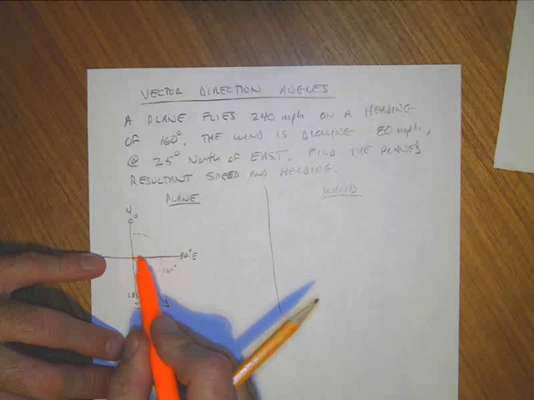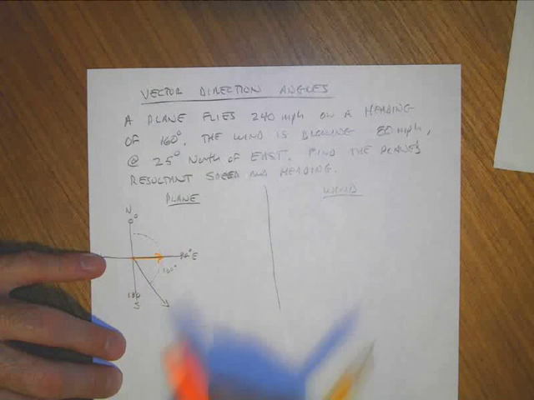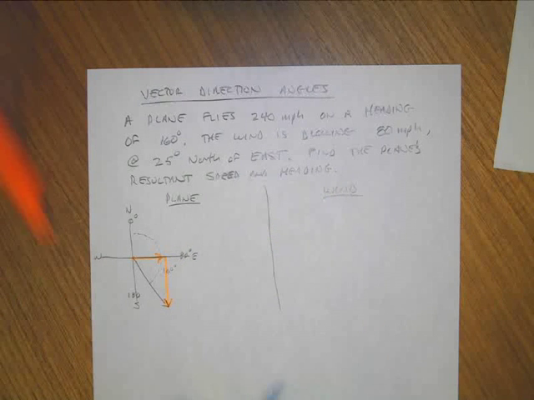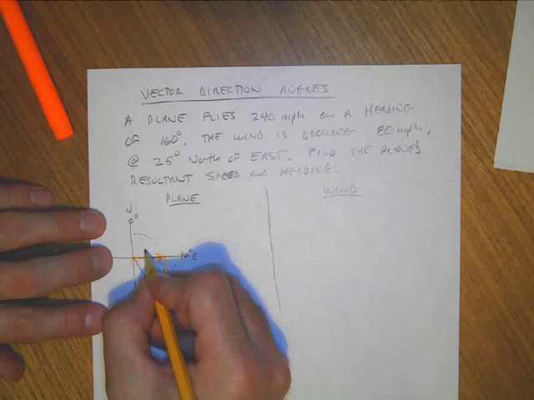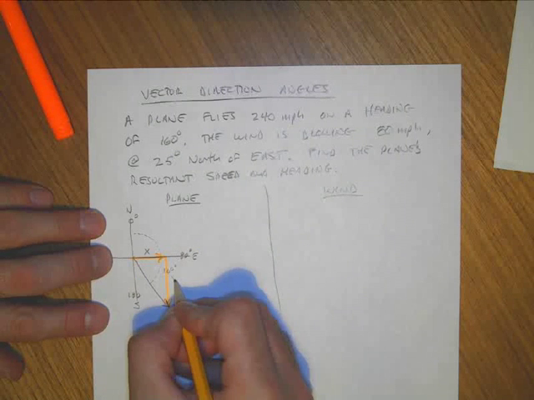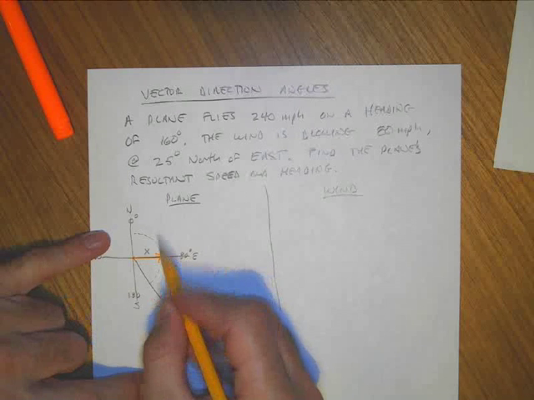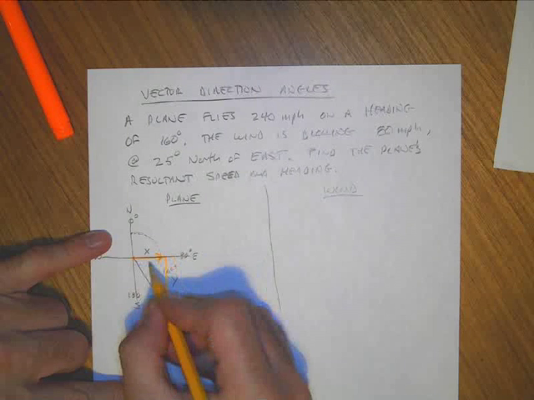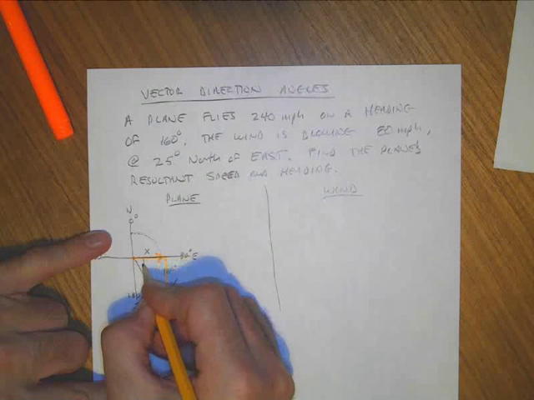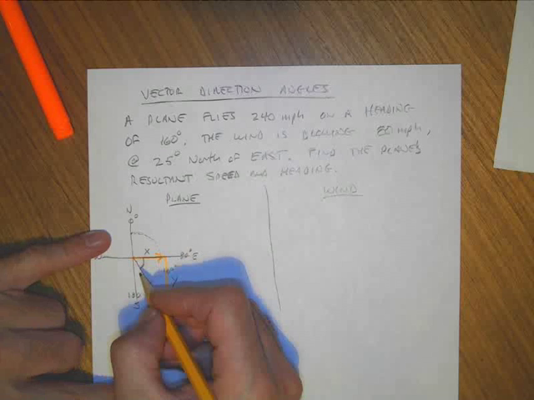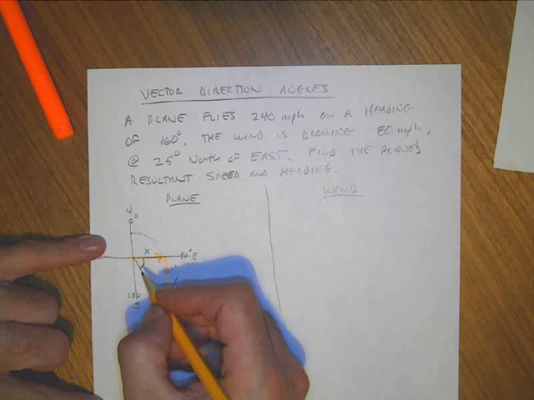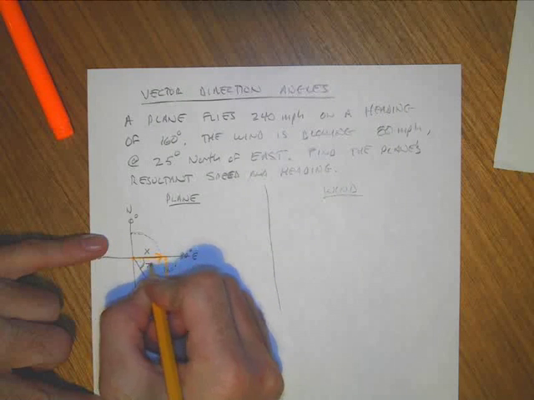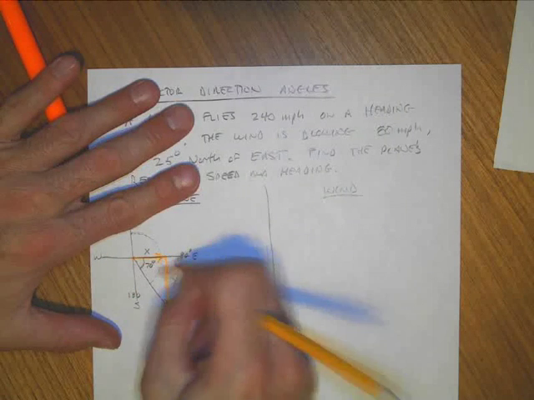We are going to go in the x direction some amount and the y direction some amount. So let's call this the x component and the y component. And if from north to the vector is 160 degrees, how much is this angle in our triangle? I think if we do 160 minus 90, we will find that is 70 degrees.